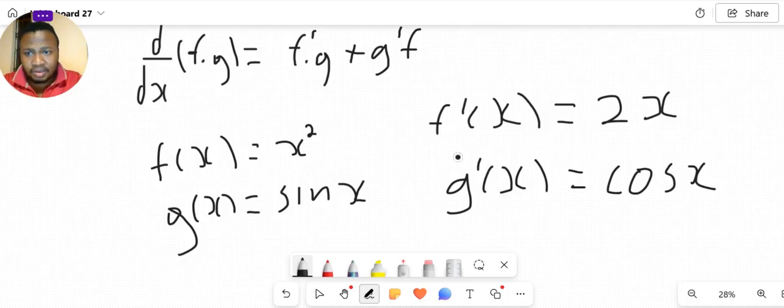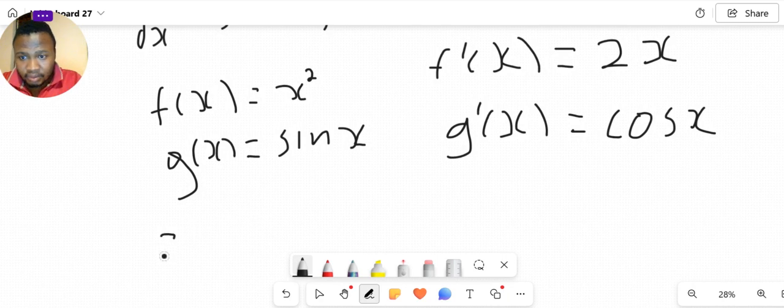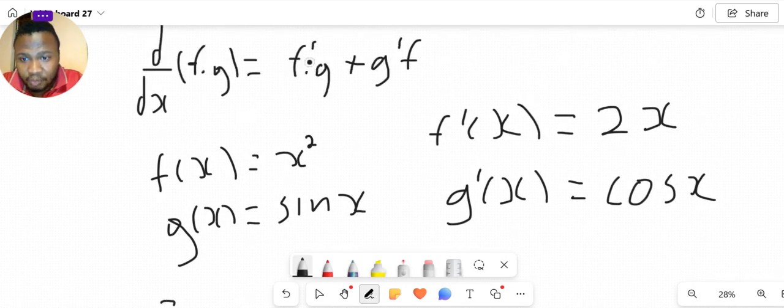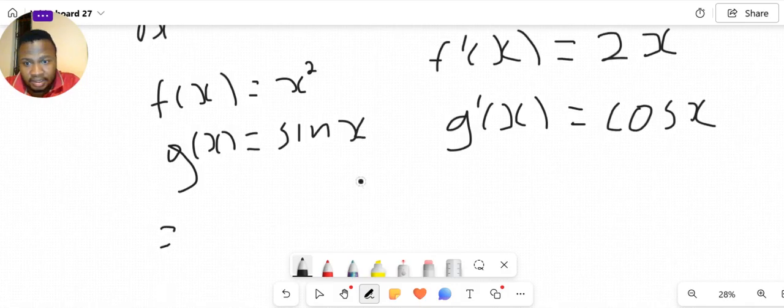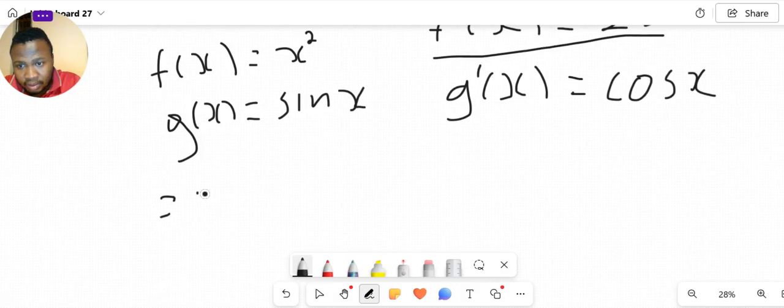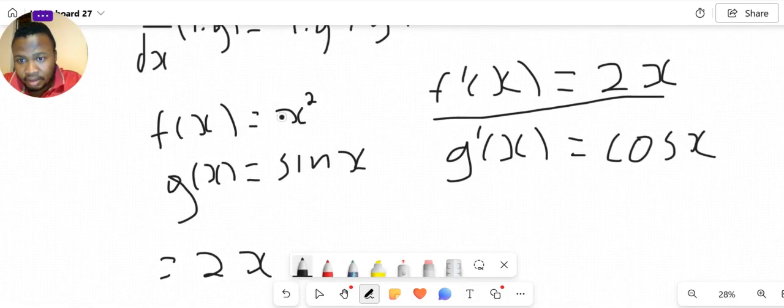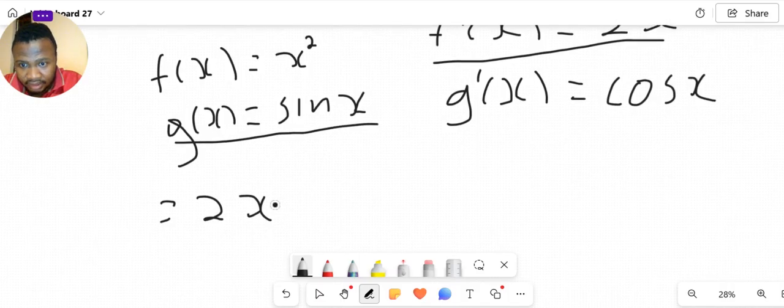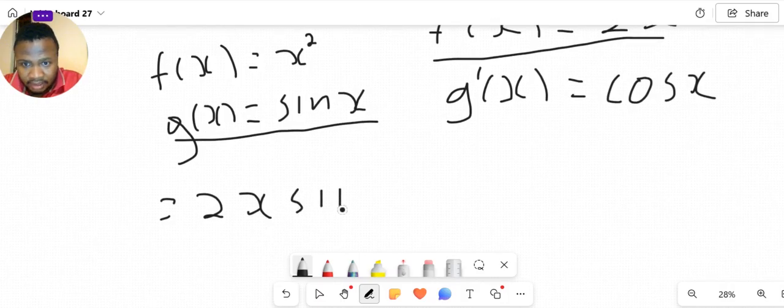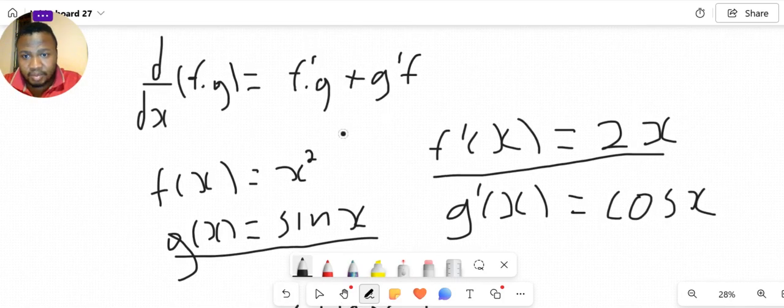So let's plug everything into the equation and get our answer. Where is our f prime? It is 2x here. 2x, and then we say g. Function g is sin x. Sin x, and then we say plus in the middle. What is g prime?